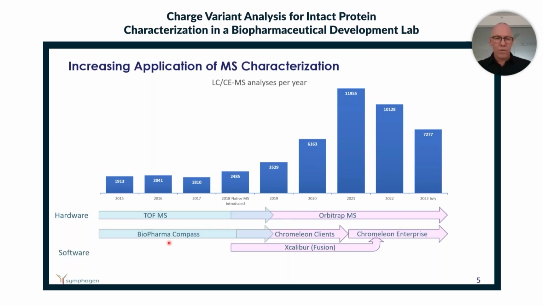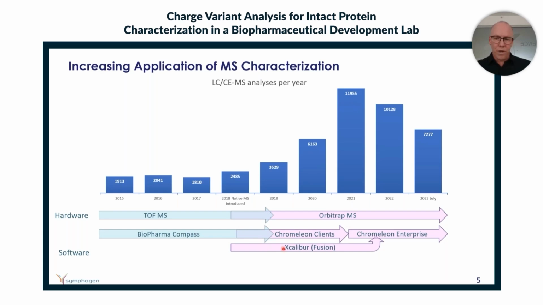Looking at the software, of course, we use different software to control the different hardware from the different manufacturers. But the more important point here is that we've gone from standalone acquisition PCs controlling individual instruments. We were using the Chromeleon client, so that's a standalone PC standing next to the instrument, controlling it, until 2021.